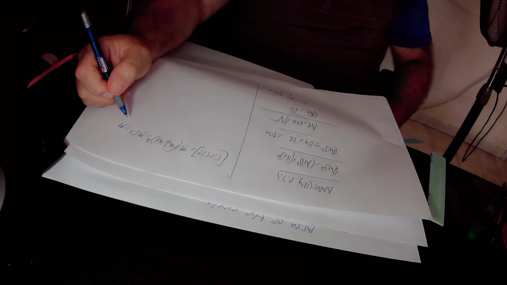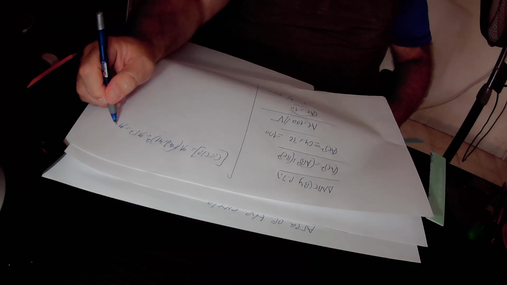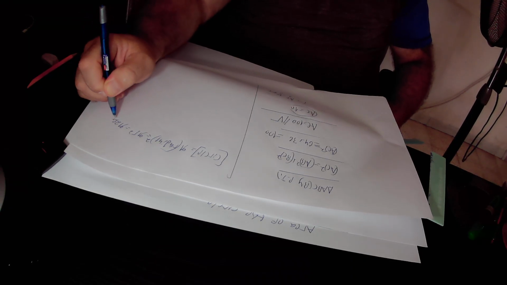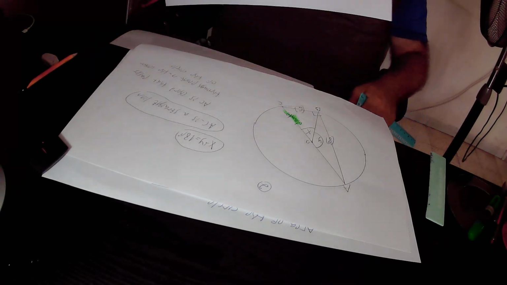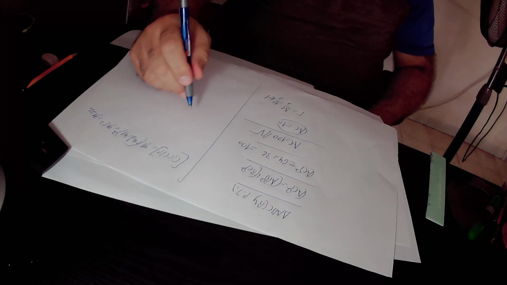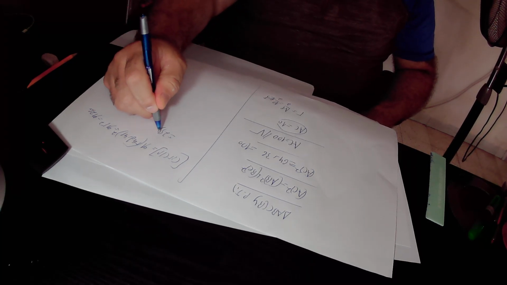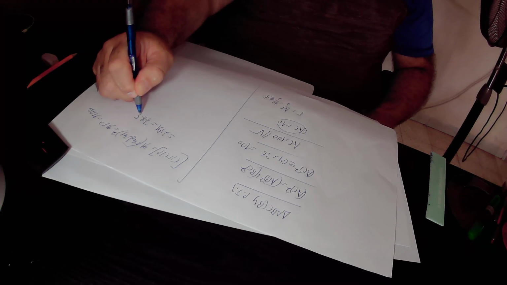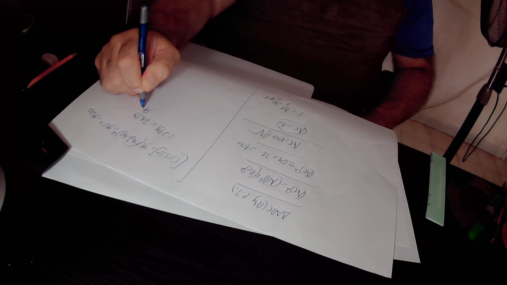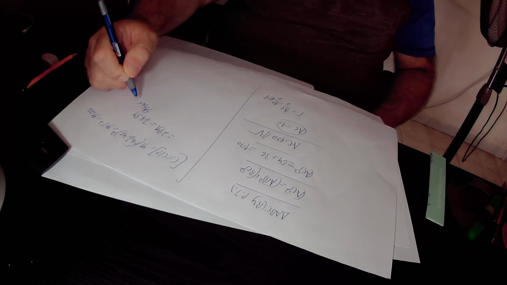R is 5, therefore r squared is 5 squared, that is 25. So in total we found that the area we are looking for in this question, that is the area of this circle, equals either 25 pi square units in its size, or in terms of numbers, it equals 78.54 square units in its size. And that is the answer of the question.